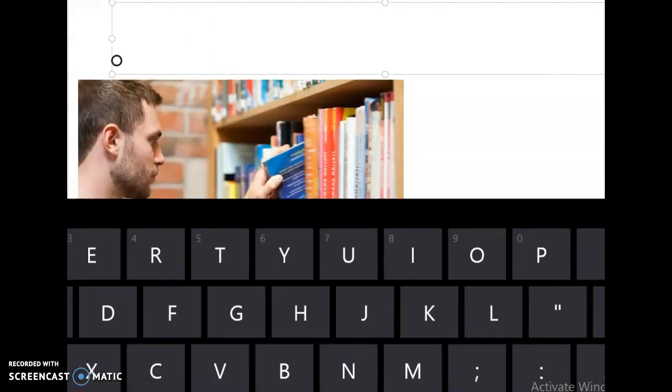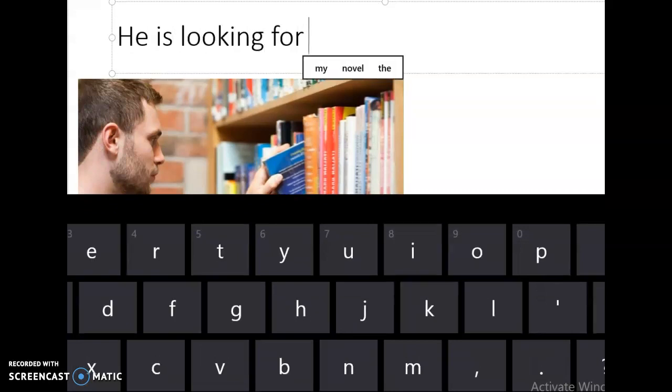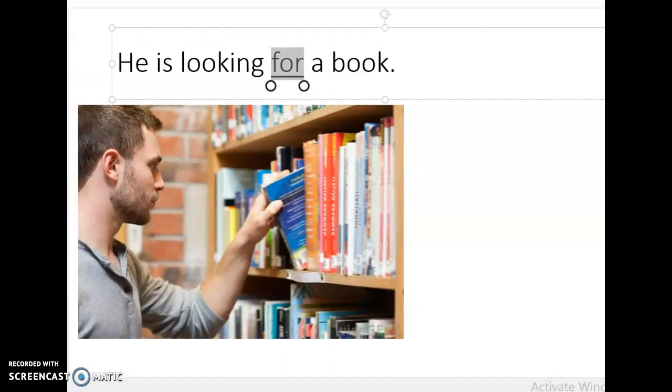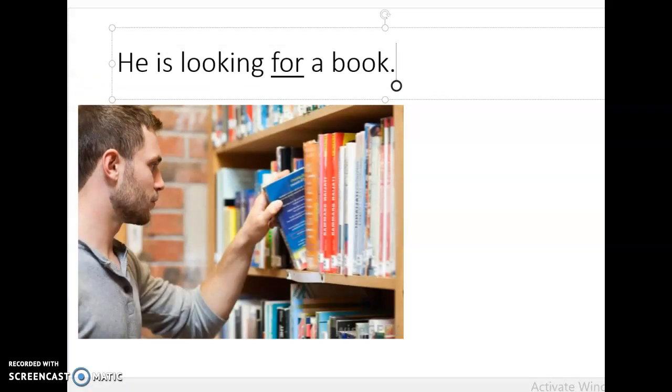So, he is looking for a book. So after it, we used a preposition which is for, or I can use in. He's looking in the box. He's looking at the book. If we use after look any preposition, it can be used in present continuous.